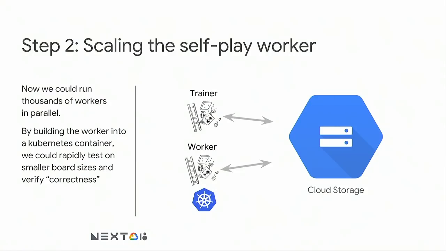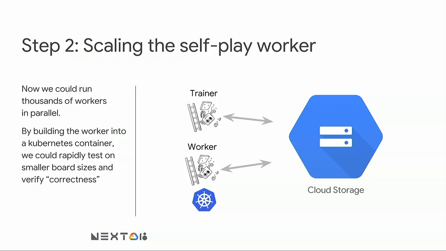So what we originally did was we originally wrote this on a smaller board size. So the original diagrams that I showed you at the beginning were Go being played on a 19 by 19 board. That is the full-size game of Go. Go is also played on a 9 by 9 board. And this 9 by 9 board is a lot simpler. The model for that is about 250 times faster. So we were able to sort of verify correctness using that smaller model on a smaller Go board.